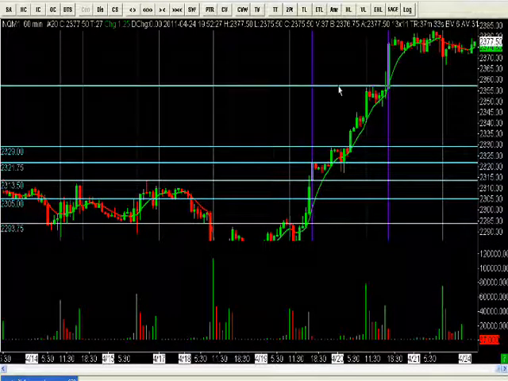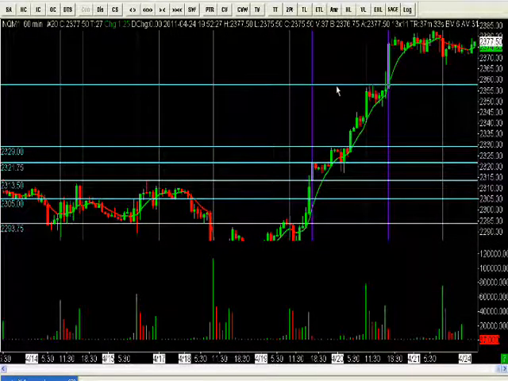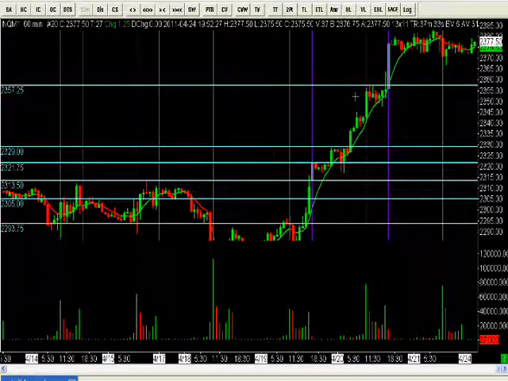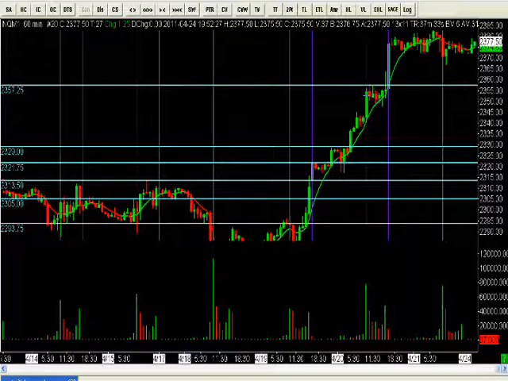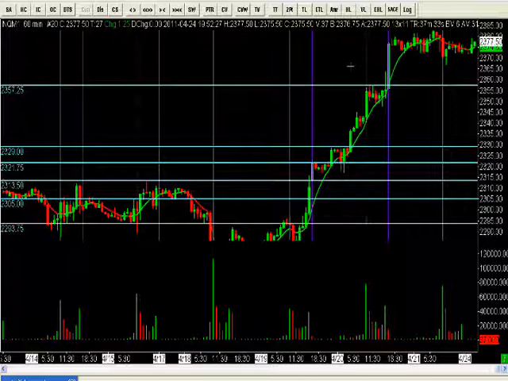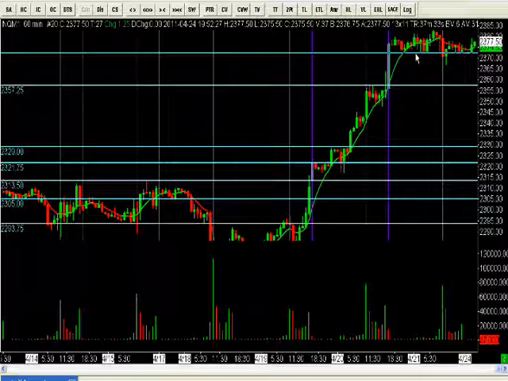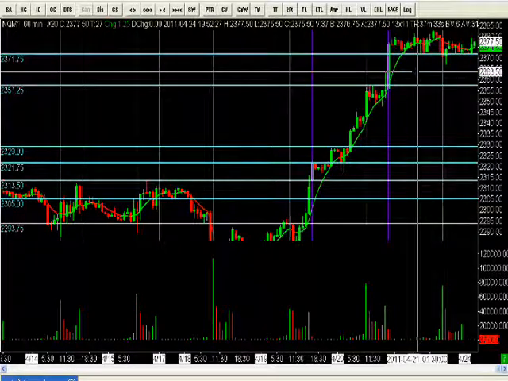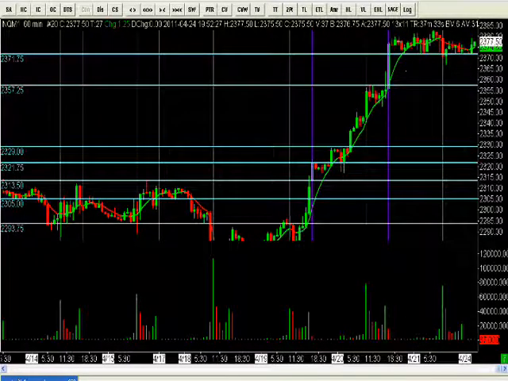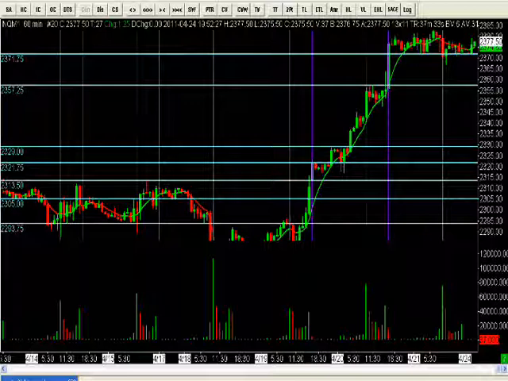And so here I'll use this vicinity. We've got 3 bars there acting as resistance, resistance, resistance. And let's see, I'll use this area here of 71.75. You can see support, support, support, support, support, support, so we'll use that general vicinity.